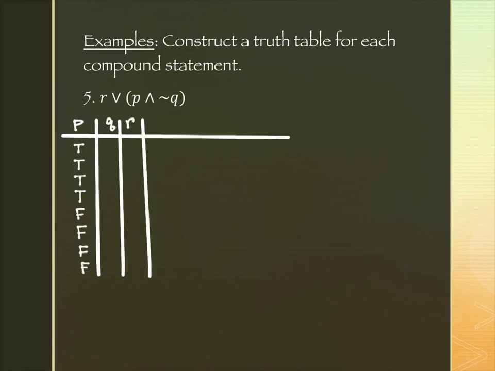Column Q, it's going to go 2 trues, 2 falses, 2 trues, 2 falses, and then column R is going to oscillate back and forth. True, false, all the way down.